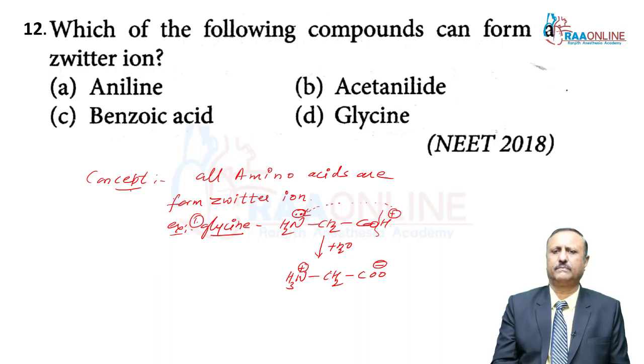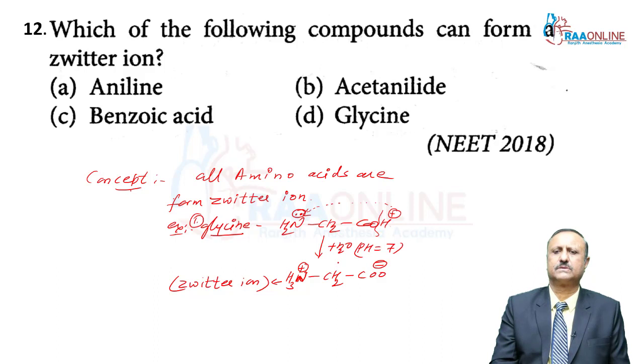This ion in which positive and negative charges are present is called a zwitter ion. So, my dear students, you can see the positive and negative both parts are present in this glycine when pH is equal to 7, means in water. Then this ion is called a zwitter ion.